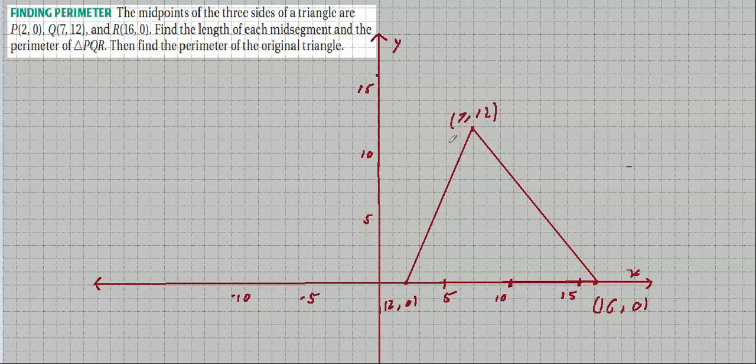Okay, I went ahead and plotted the points. We've got midpoints of a triangle at (2, 0), (7, 12), and (16, 0). Our job is to find the perimeter of PQR, which, maybe I should have labeled that P, Q, and R here, would of course involve finding each of these.